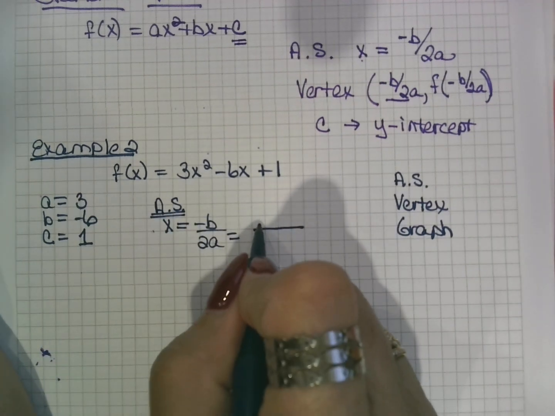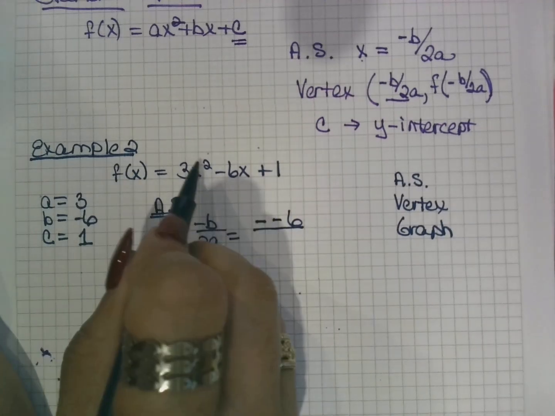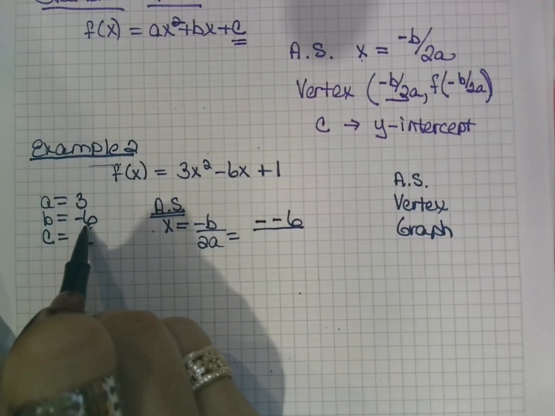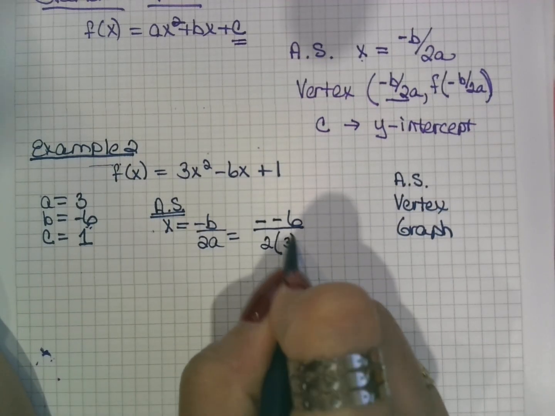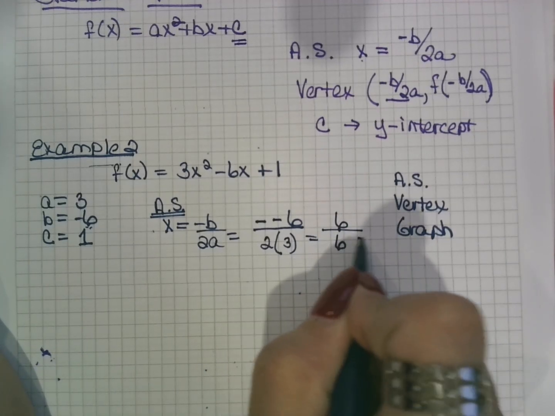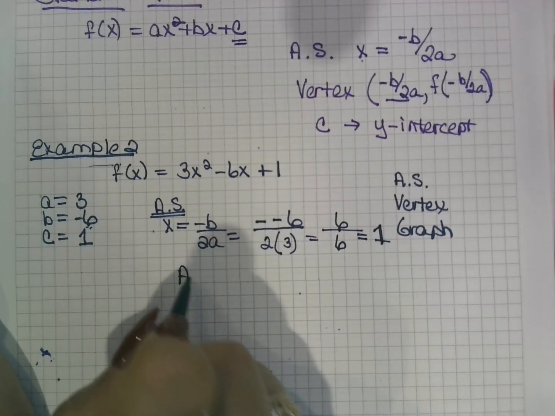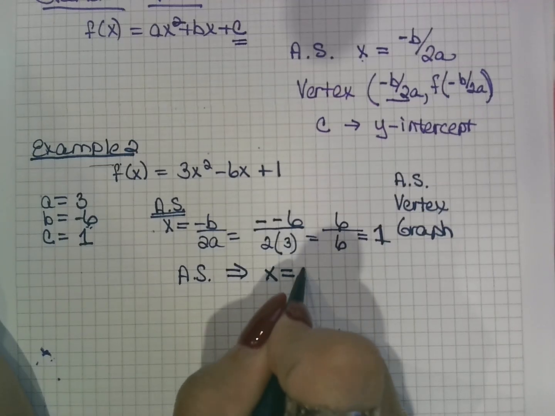So negative b, that's going to be negative 6. Okay, so it's the opposite, negative b, the opposite of that negative 6, over 2 times a, which is 3. That's going to give me positive 6 over 6, and that is just 1. So my axis of symmetry is the line x equals 1.